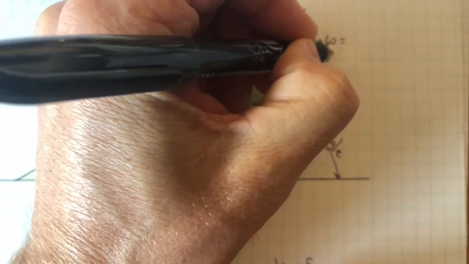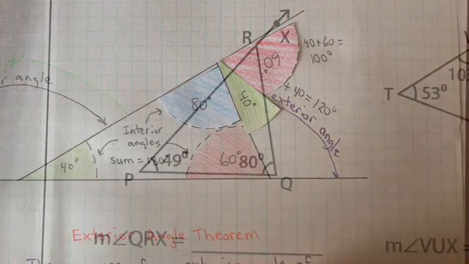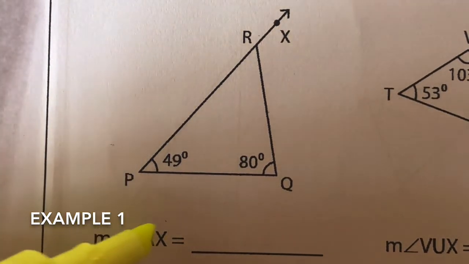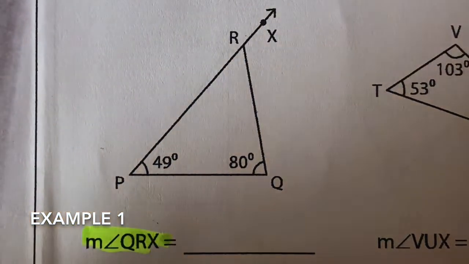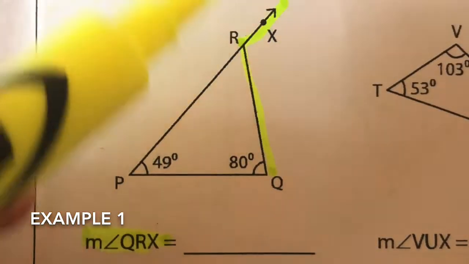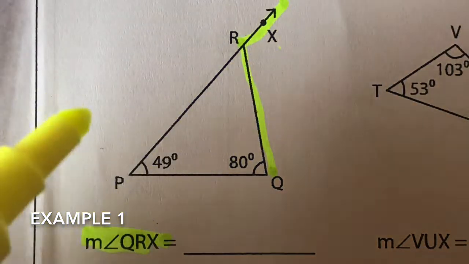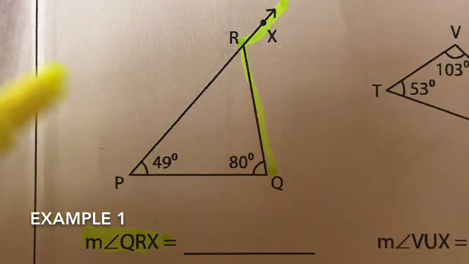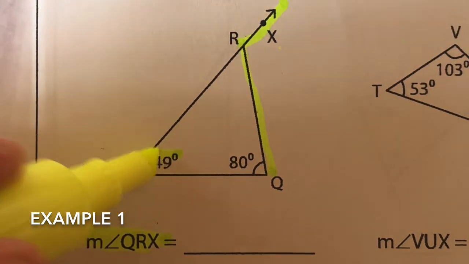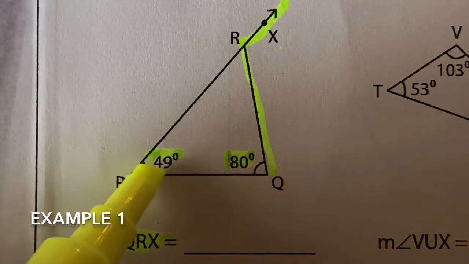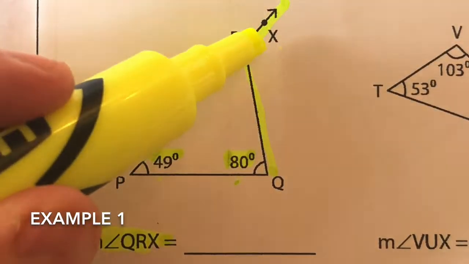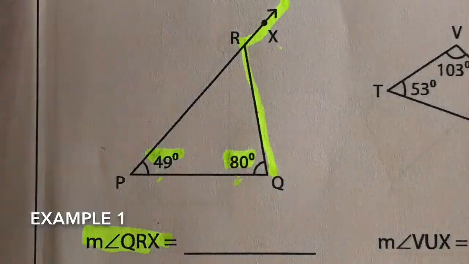So here we have a triangle, and we want to find the measure of angle QRX. That's an exterior angle. And using the exterior angle theorem, we know that the sum of these two remote interior angles will equal the exterior angle.